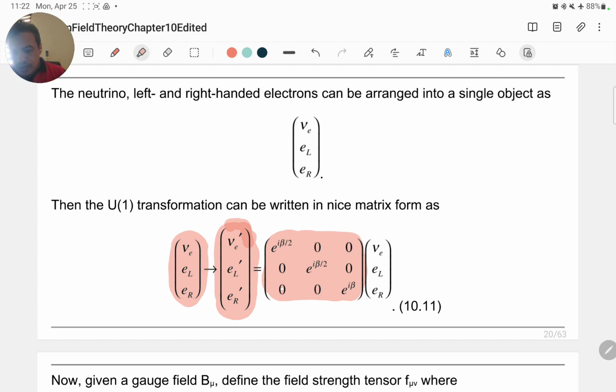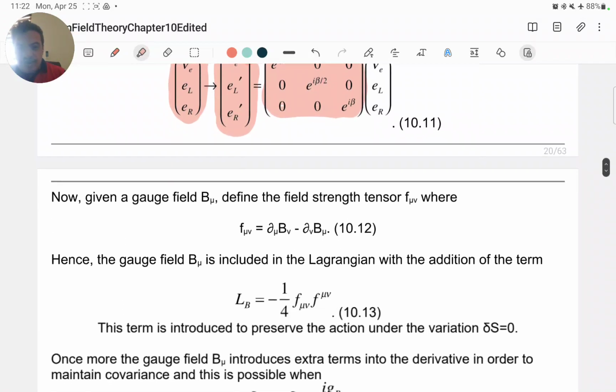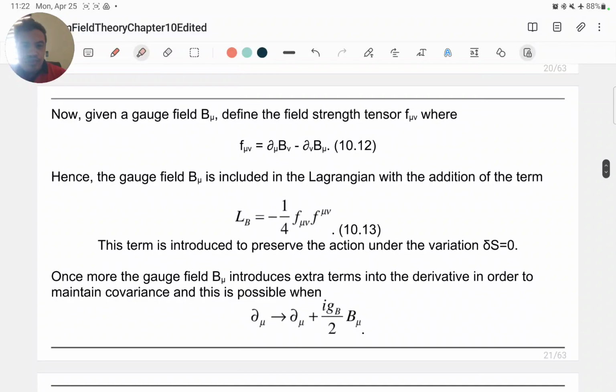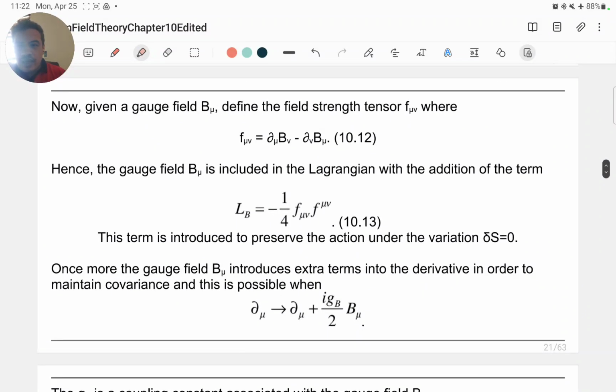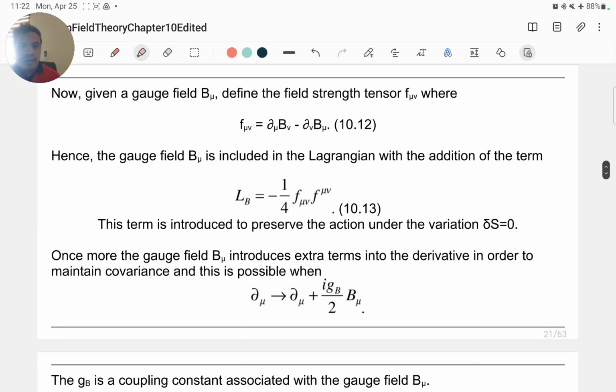Now, with a given gauge field B mu, we define a field strength tensor F mu nu, which as usual is defined as the derivative of B nu with respect to mu minus the derivative of B mu with respect to nu, just like we did in electromagnetism or QED, quantum electrodynamics. So the gauge field B mu is included in the Lagrangian.